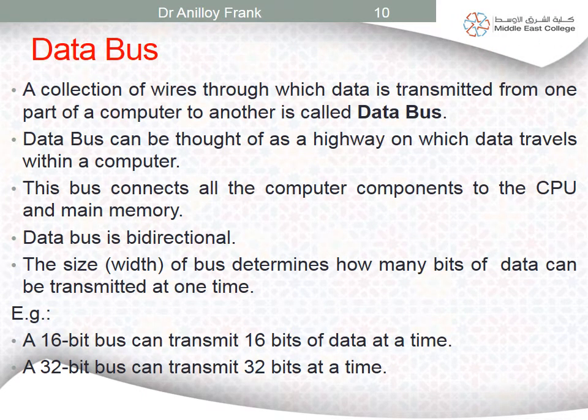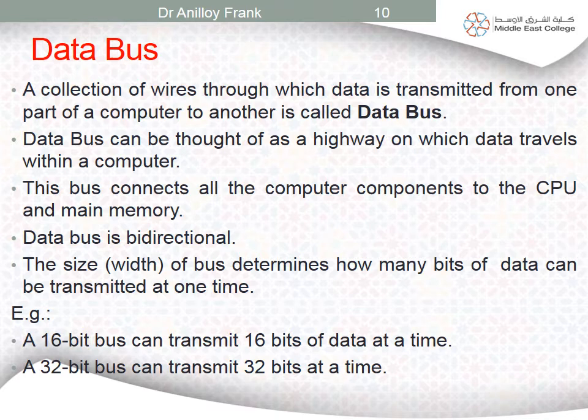The data bus. It is a collection of wires through which data is transmitted from one part of the computer to another. The data bus can be thought of as a highway of data within the computer. This bus connects all computer components to the CPU and main memory.